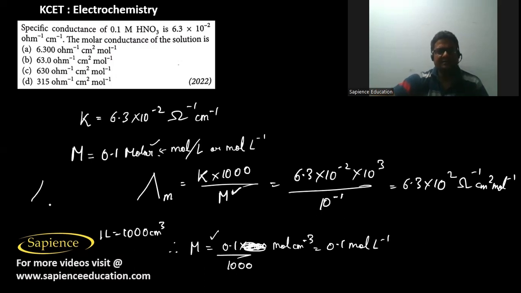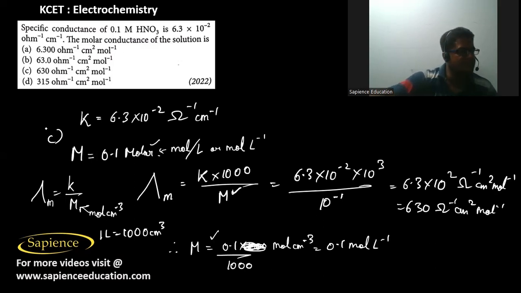Lambda m is actually equal to K by M, but if we take the molar concentration in mole per centimeter cube, then we have to multiply by 1000 in the numerator. So therefore it will be 630 ohm inverse centimeter square per mole. So option C is the correct answer.